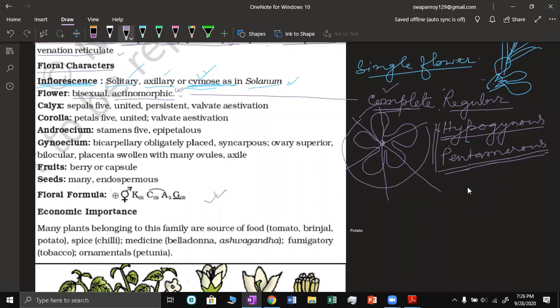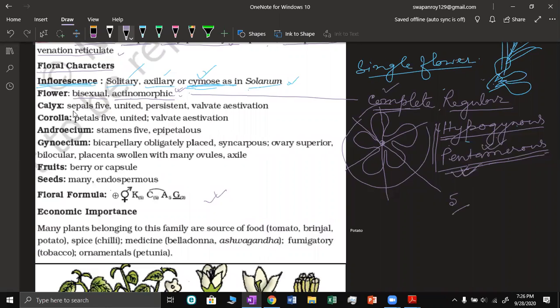In the gynoecium, actually, carpels are 2, but calyx, corolla, androecium are 5, 5, 5. So flowers are pentamerous, and pentamerous flowers are characteristic of what? They are characteristic of dicot families, dicotyledonous plants.